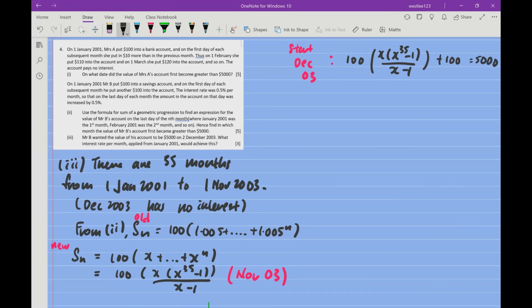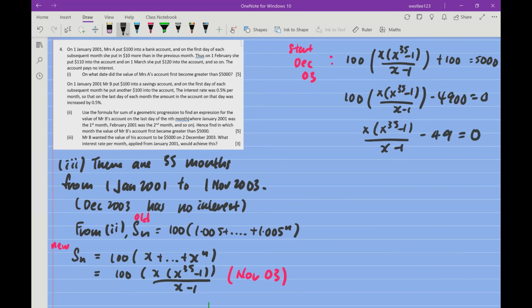So you can use the GC to solve, but before that, we can simplify. So divide by 100 on both sides. Some of you might ask whether it is necessary to simplify.